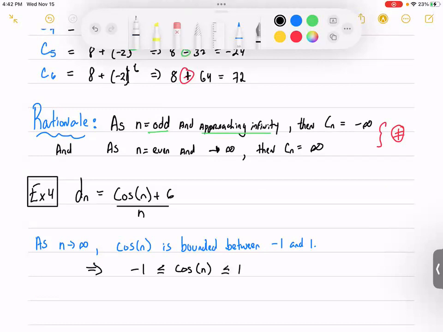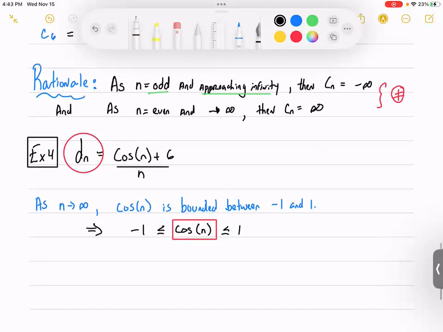The reason I'm writing it in such a manner is that essentially what I want to do is replace this cosine of n with d_n. And in order for me to do it, whatever I do in the middle, I've got to make sure I do it to both endpoints of the inequality. Because I have a +6 attached to cosine of n in the sequence, if I add 6 to cosine, then I have to add 6 to the endpoints.